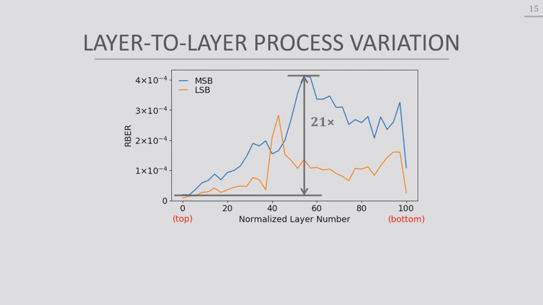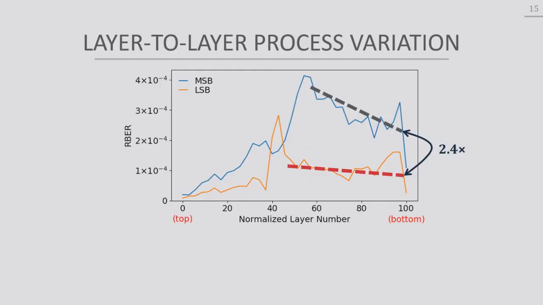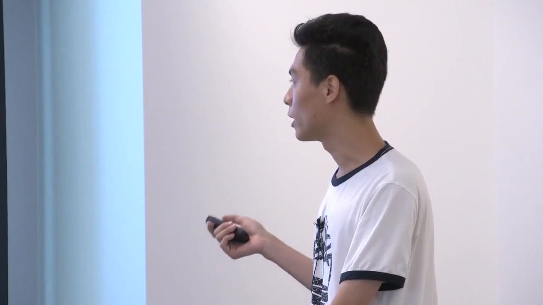First, the raw bit error rate varies by as much as 21 times across different layers. Second, the MSB error rate is on average much higher than the LSB error rate, by 2.4 times.